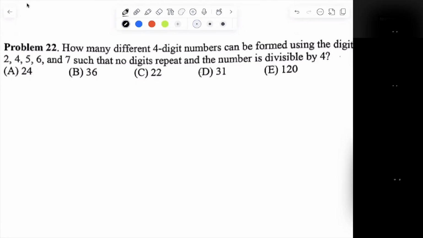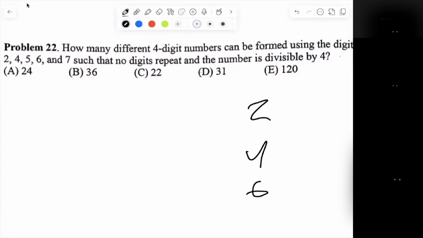And we note that the last digit must be even, so it can either be 2, 4, or 6. From here, we find the digits that will make each of these three into a number that is divisible by 4.